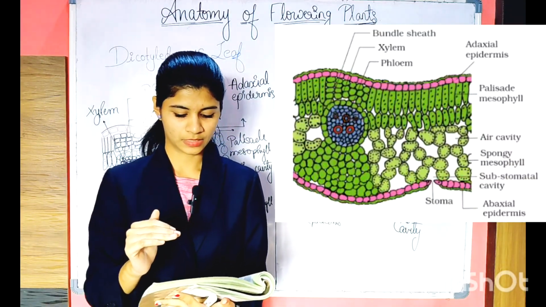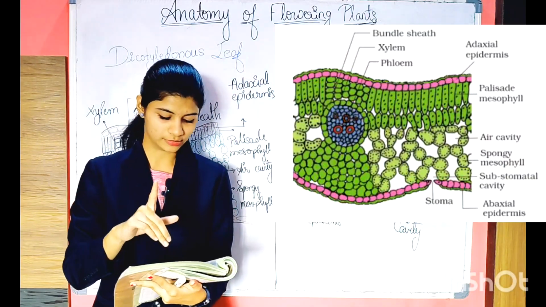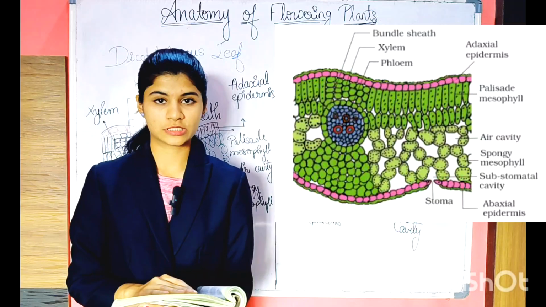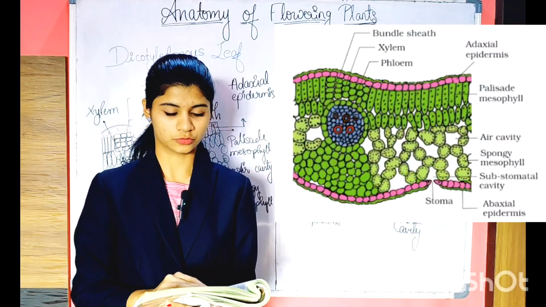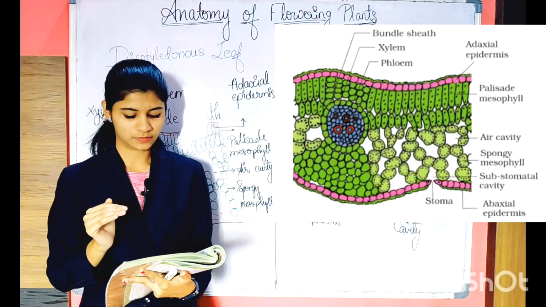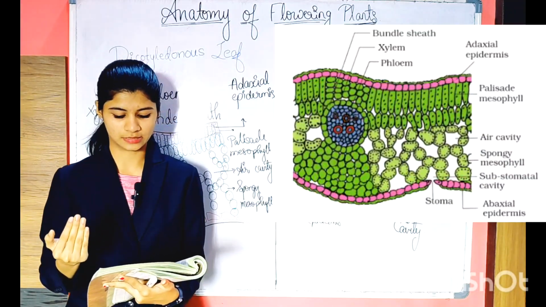It totally depends on the reticulate venation of the dicot leaves. Now, as we are talking about the dicot, the dorsiventral leaf, not root. In these dicot leaves, the vascular bundles are surrounded by a layer of thick-walled bundle sheath cells.